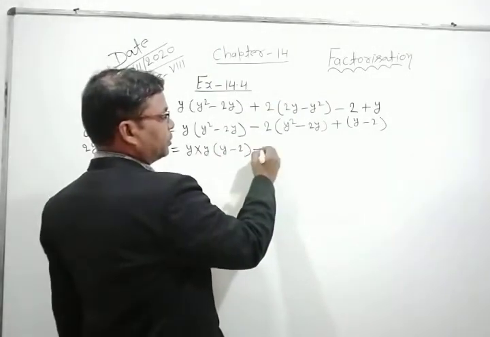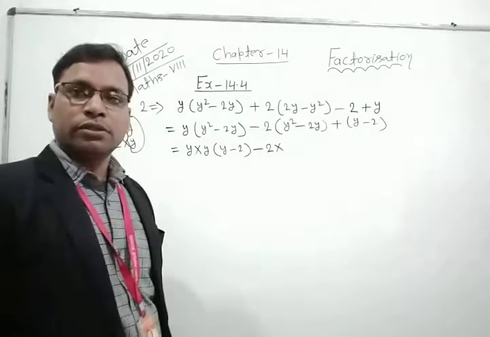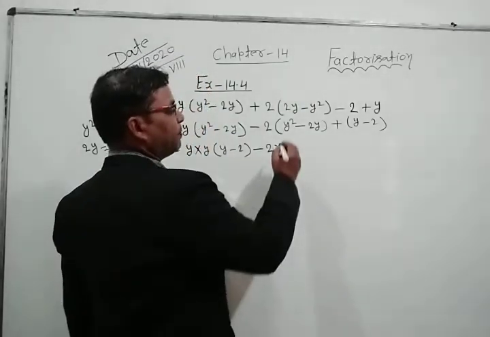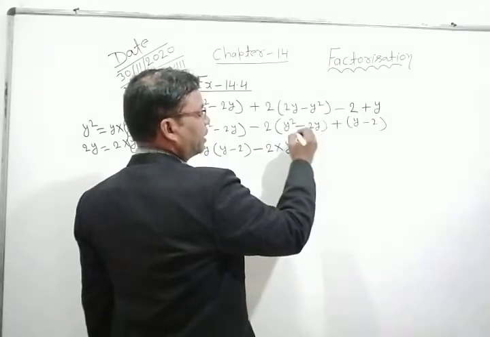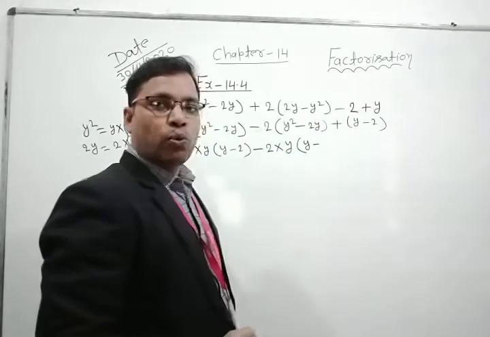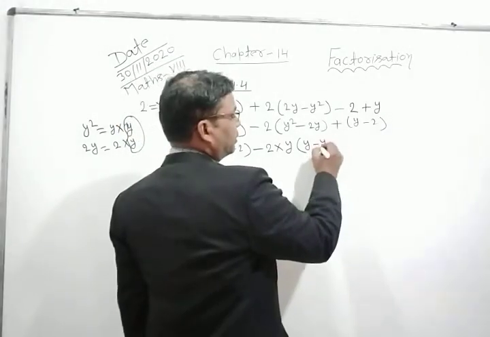Again, in the second group, what is common between them? Your answer is y is common. If you take common y, here we have minus 2, and from 2y after taking y we have 2.